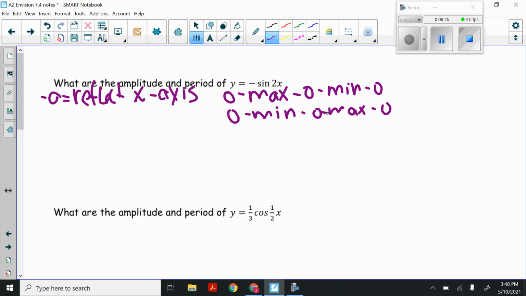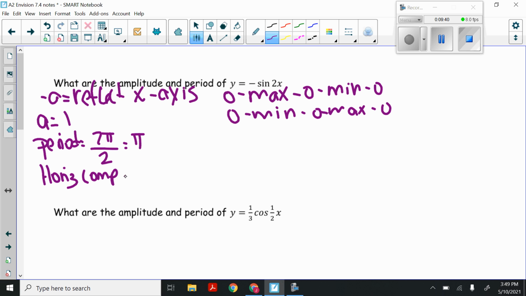So it's just going to reflect. Okay? The absolute value of a is my amplitude, 1. My period, I'm going to use the equation 2 pi over b. My b is 2, so the period is pi. That b is 2. The b tells me I have a horizontal compression. Since it's a 2, it's by a factor of 1/2.